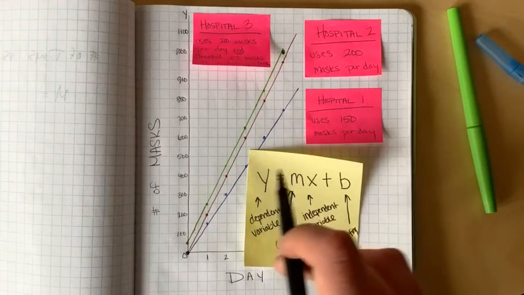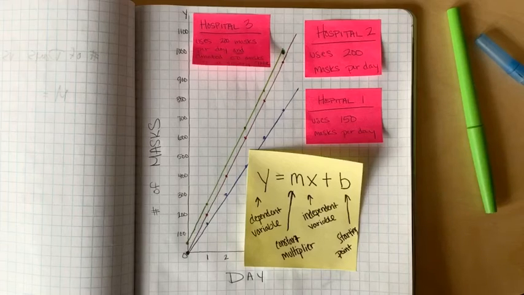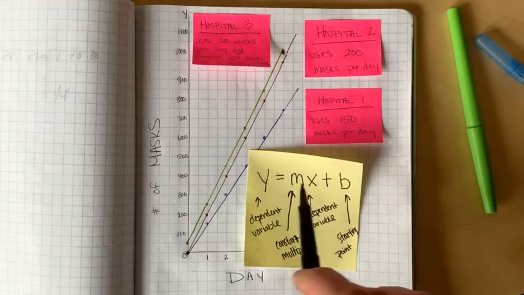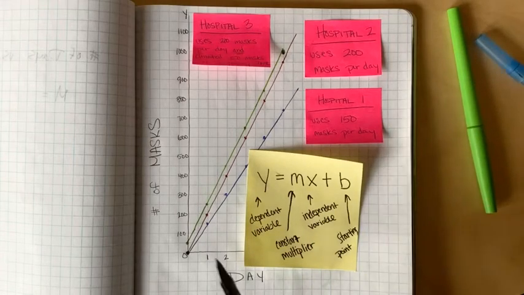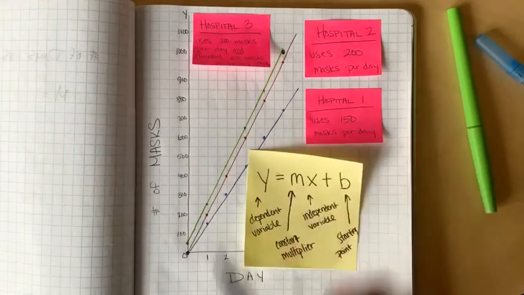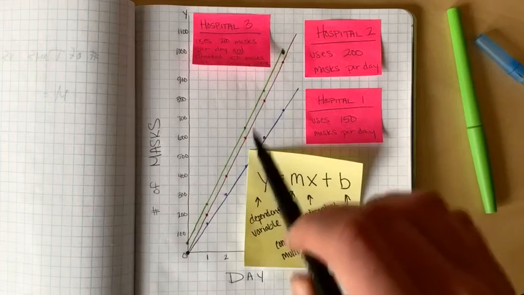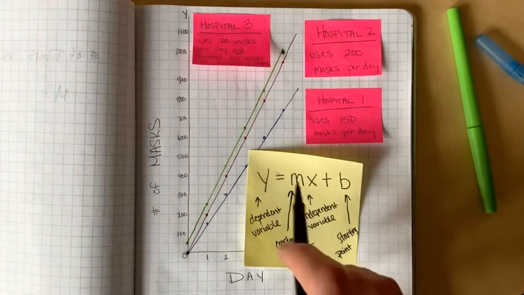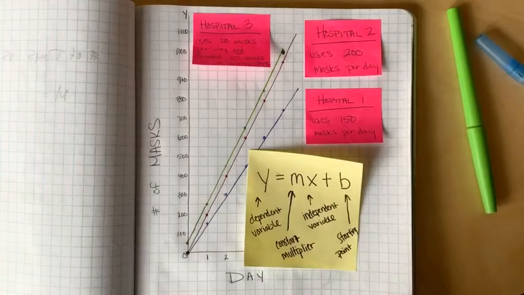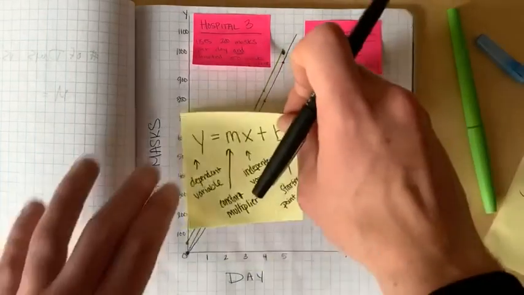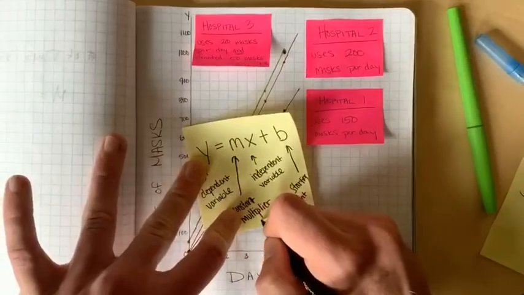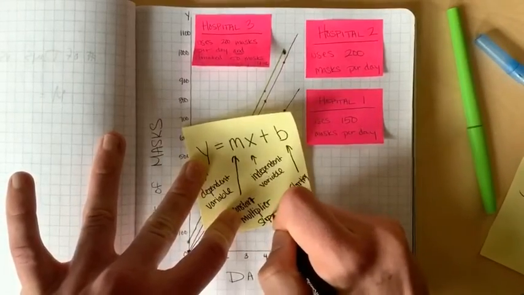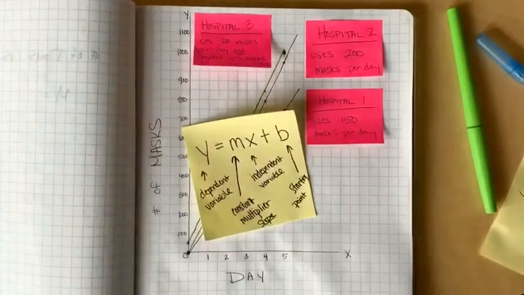Which of these letters stands for the slope, do you think? In an equation, which of these parts of the equation will tell us how steep the line will be or how much it's constantly going up by? If you said m, the constant multiplier, then you're right. That m, the constant multiplier, is also telling us what the slope will be, all right?